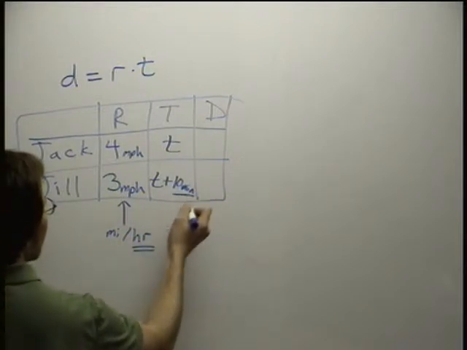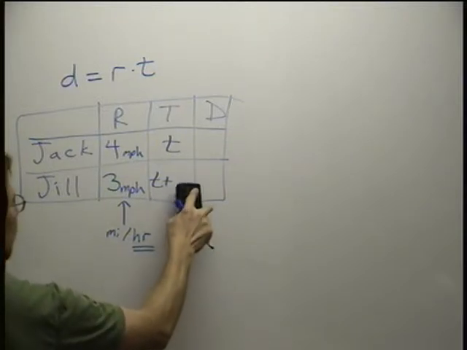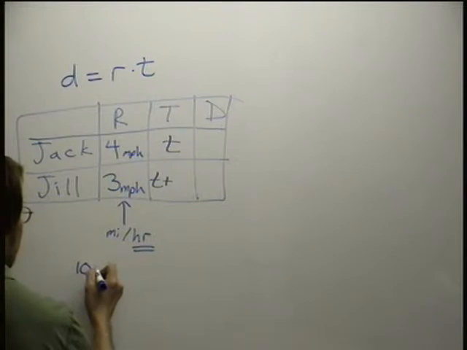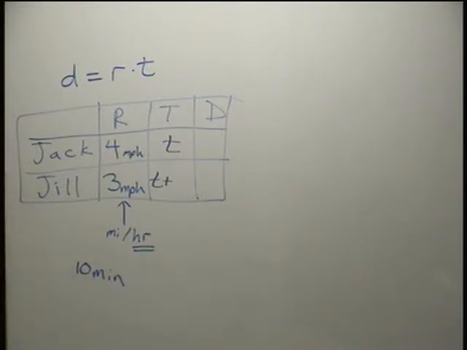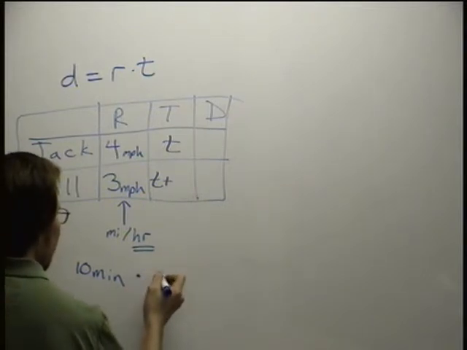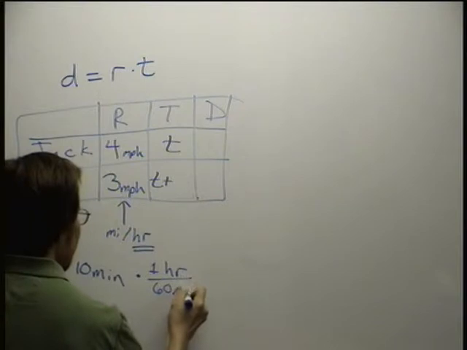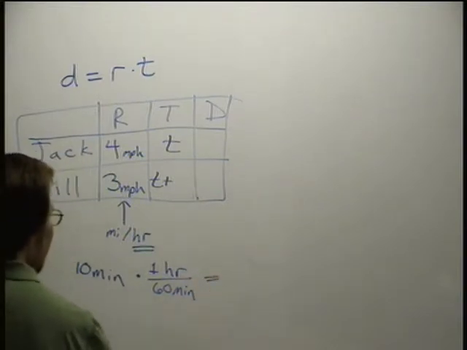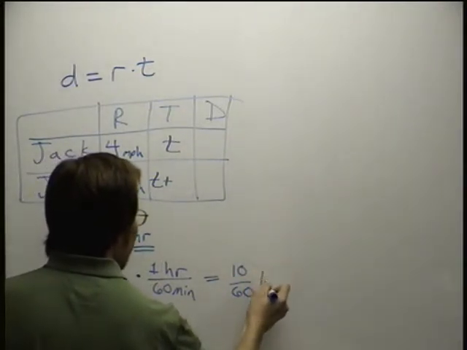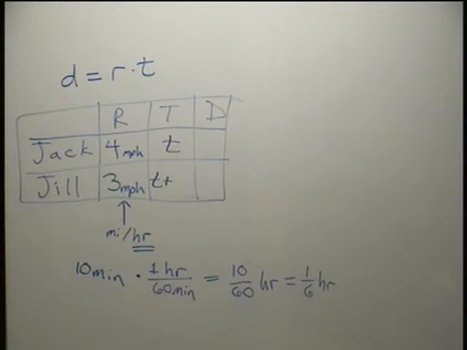So we need our time to be in hours so that the units match up. 10 minutes written in terms of hours, well, we multiply by a conversion factor of 1 hour to every 60 minutes, and we get 10 over 60 hours, which is 1/6 of an hour when we reduce it.